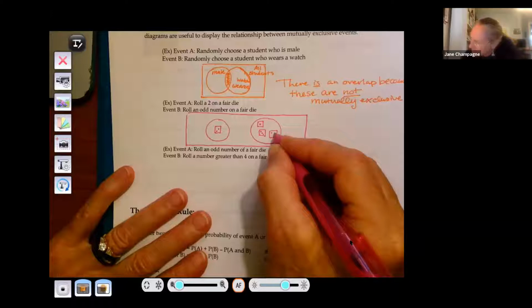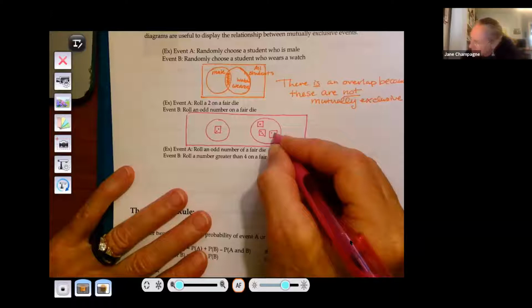All right, so let me switch over to my document camera again. And we'll talk about the addition rule. If you have your notes, you can fill them in or just write this on other paper, that works too. Alrighty.